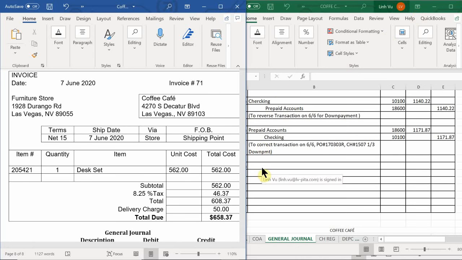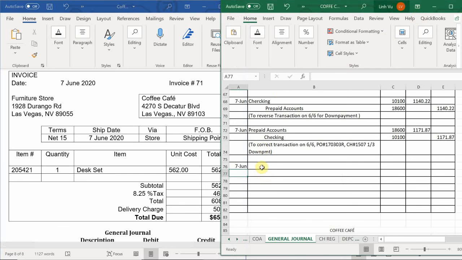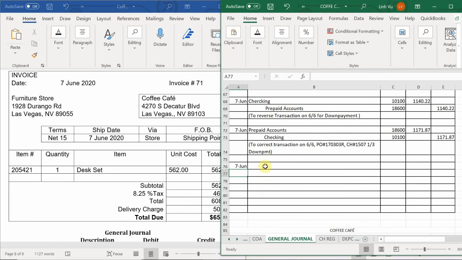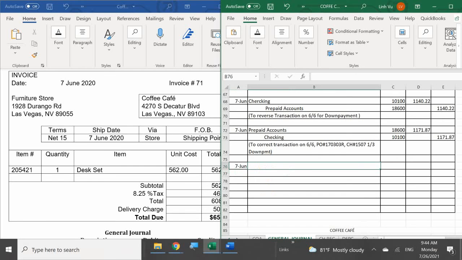So with that being said, do I have an account called Desk? Account 13.03. Right?